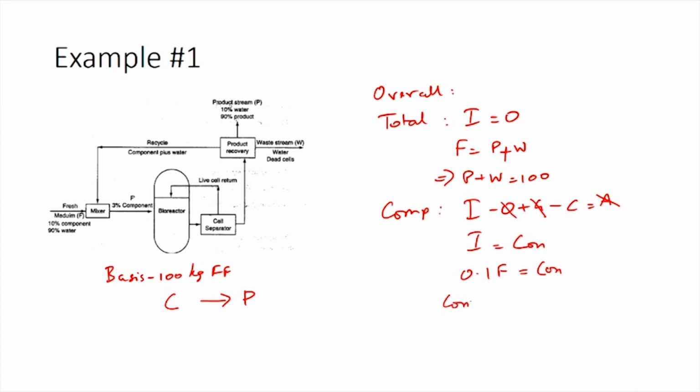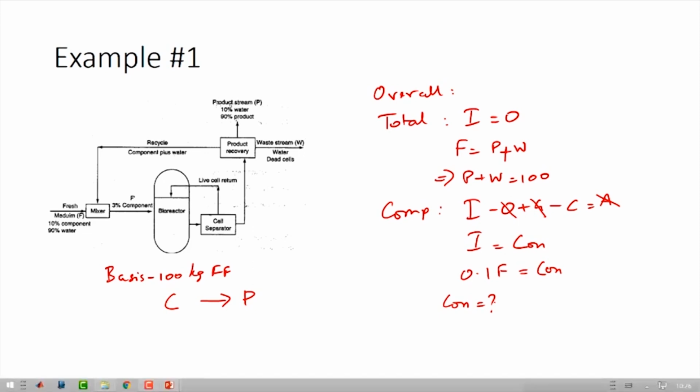So, what would be the consumption? We have assumed that the stoichiometry is 1 mole of component produces 1 mole of product. So, the amount of product which has been formed is 0.9 times the product stream. Based on the stoichiometry that we have assumed, we know that 1 mole of proprietary component gets converted to 1 mole of product.